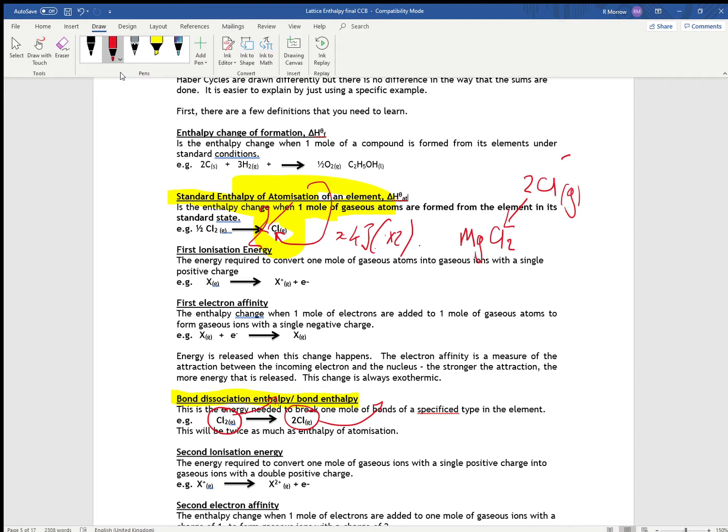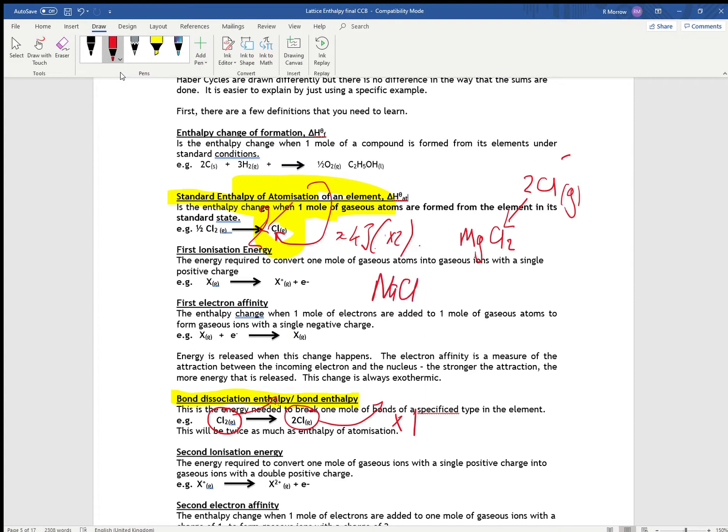If, however, the question gives you the bond enthalpy for chlorine, which does give you 2 gaseous moles of chlorine atoms, then you just multiply that by 1 or keep it as it is for your calculation.